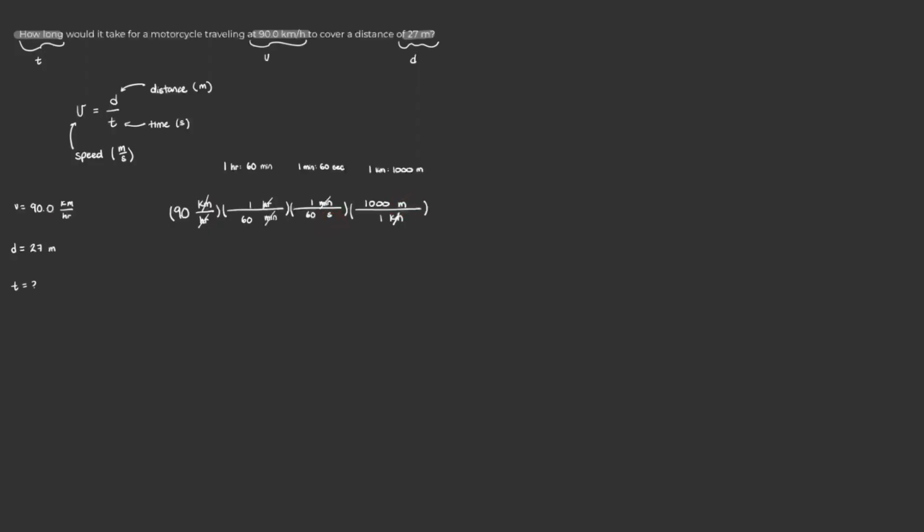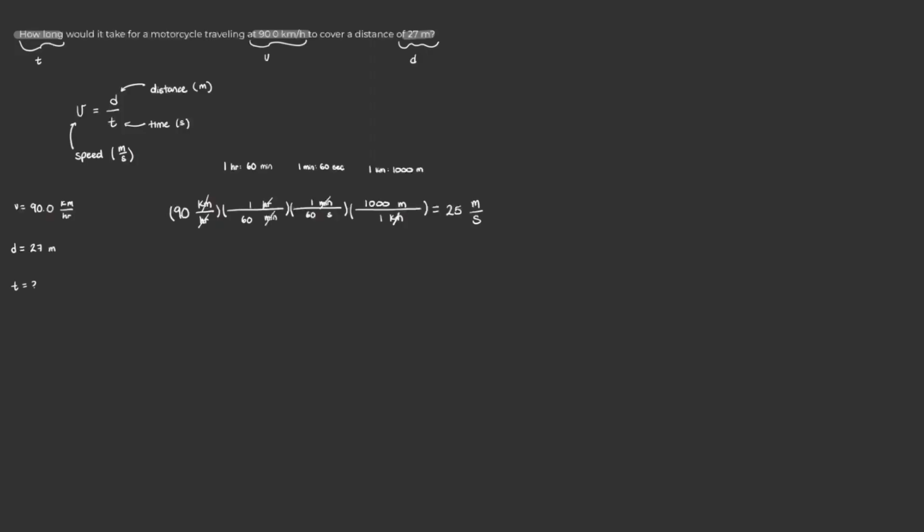And all I have to do is plug it into my calculator. So I'm doing 90 divided by 60. I divide by 60 again. And I take that and I multiply it by 1,000. And that gives me equals 25 meters per second.